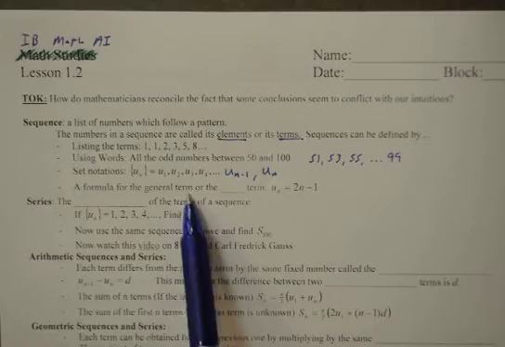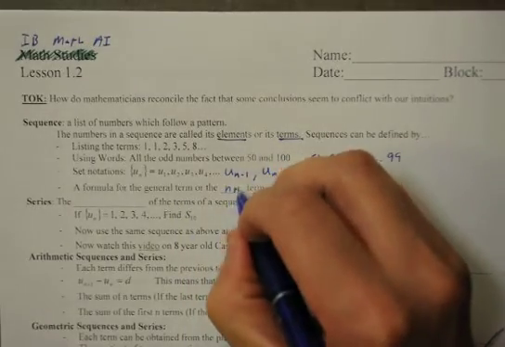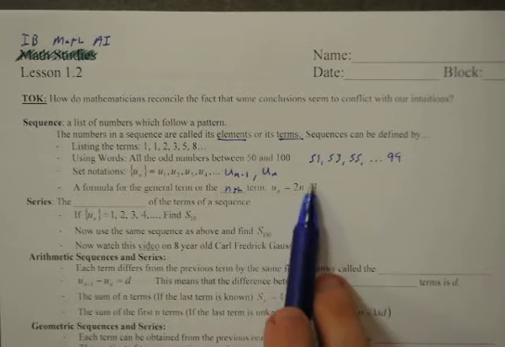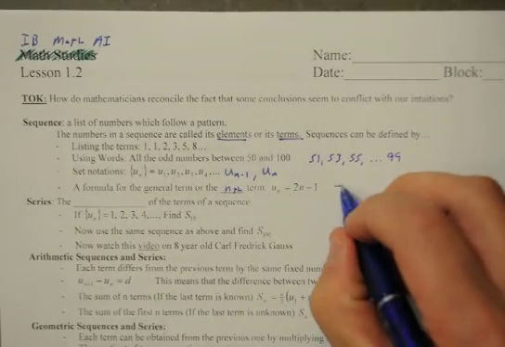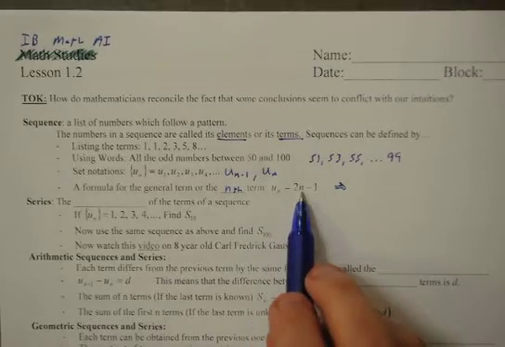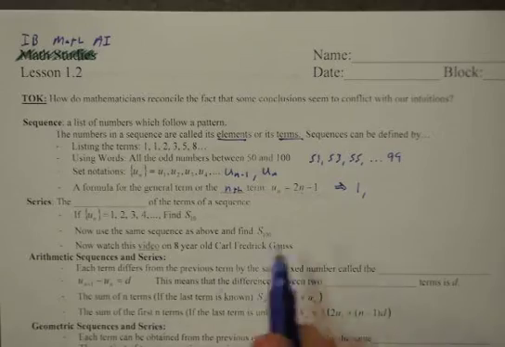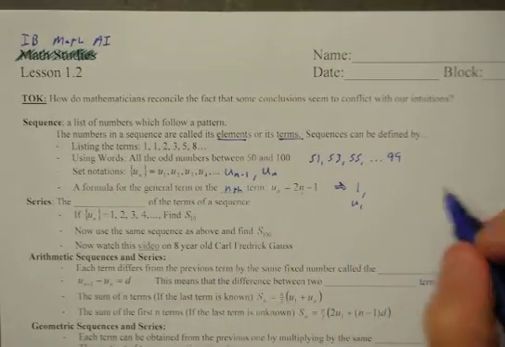A formula for the general term, or the nth term, is given by this. This could be a sequence where n starts at 1. You always want to start at 1. So if I plug in 1, 2 times 1 minus 1 is 1. This is the first term.